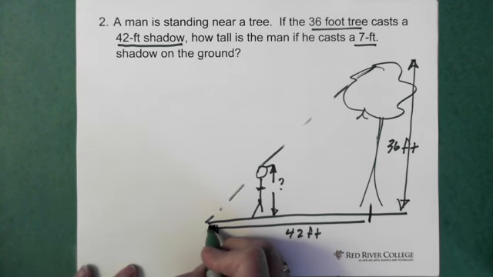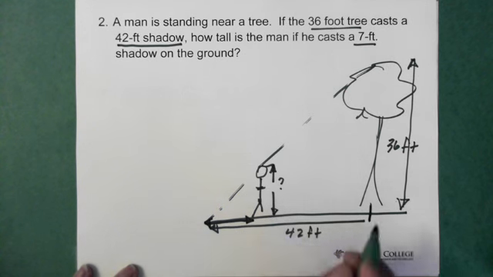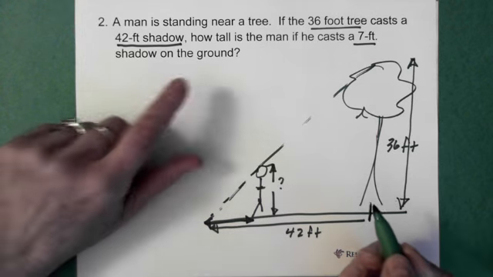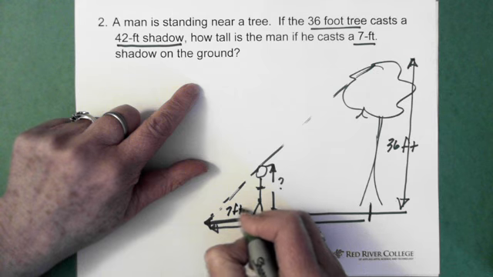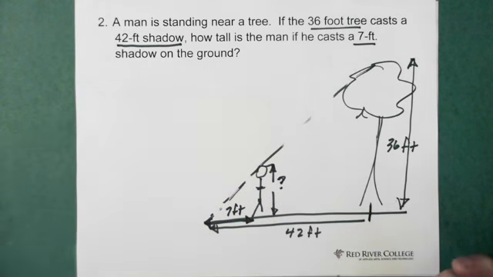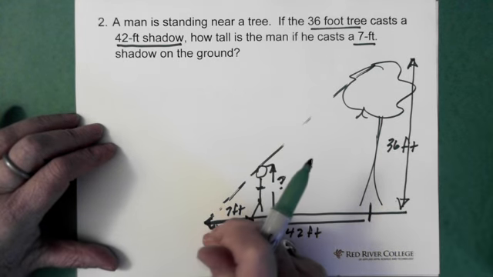This distance here, the distance for the shadow of the man, is 7 feet. And we want to know his height. So then we can say height over shadow.